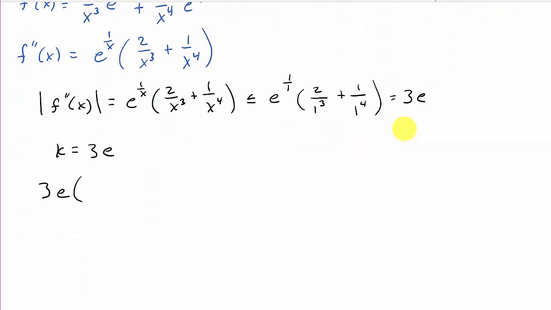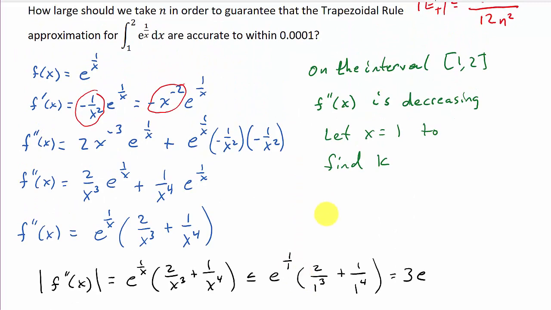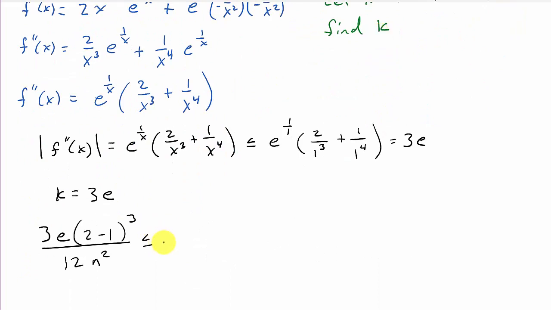So that's going to be 2 minus 1 cubed over 12n squared. And this needs to be less than or equal to what? 0.0001. So that's 0.0001.